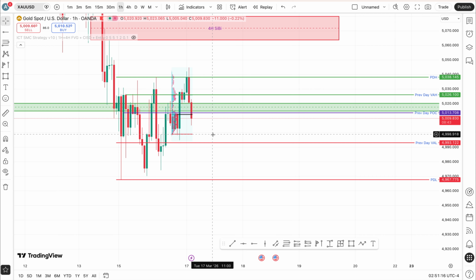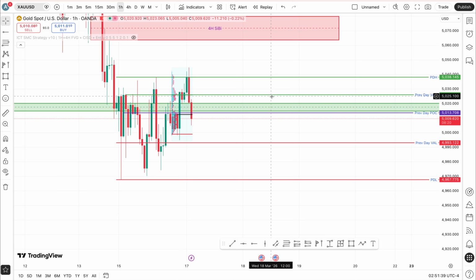So the fact is that buyers are active at these levels. So the market could attempt to build value higher from this level, right? If this support holds, the market may rotate back towards the POC or the VAH. POC is a fair value and the value area high is the upper boundary of value.